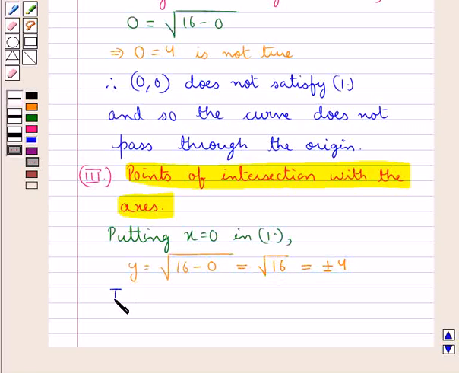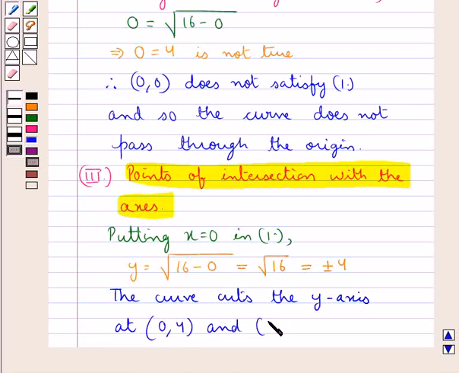So we can say that the curve cuts the y-axis at points (0, 4) and (0, minus 4).